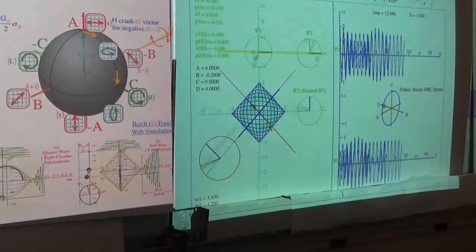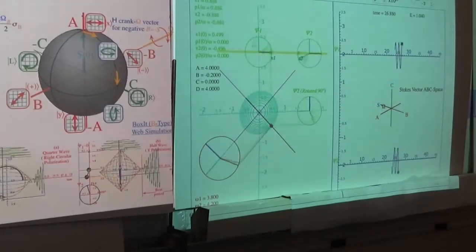Okay, so these things play with each other that way. Now if I erase the paths and reset this thing, let me see if I could reset this thing with it located right at this point.